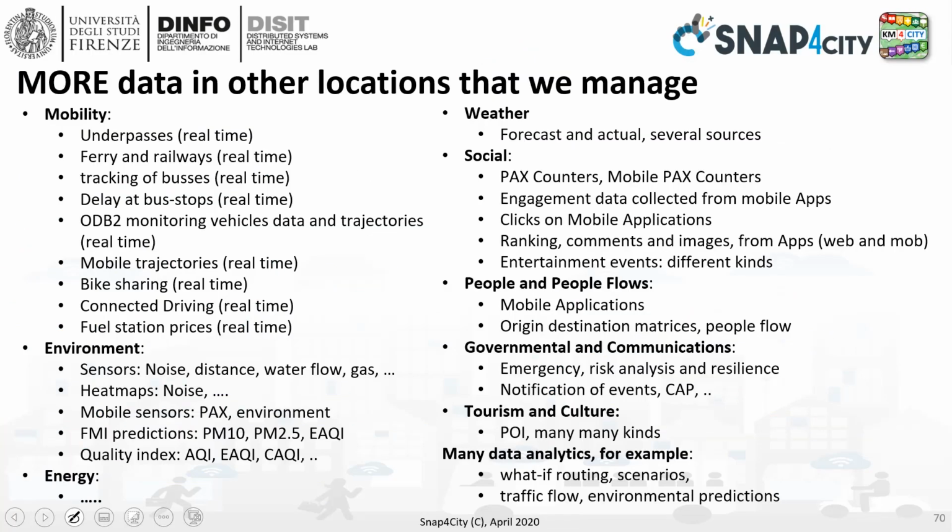What has not been mentioned in those scenarios is the huge amount of data in other locations that we manage, like mobility, underpasses, ferry, tracking of buses, delay of buses, OBD2 tracking, mobile trajectory, bike sharing, connected driving, taxi sharing in Siena and Pisa, fuel station prices, sensors of different kinds, heat maps of different kinds, social information, clicks, ranking, entertainment events, people flow, governmental information, tourism, and much more.